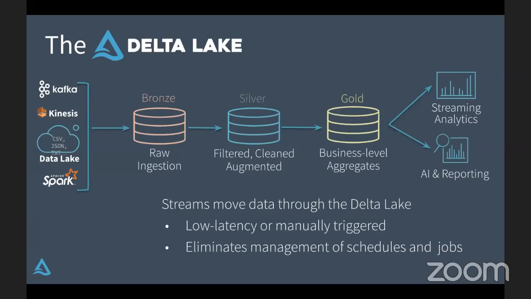The combination of ACID transactions of Delta Lake and being able to look at the problem, whether streaming or batch, in the same manner, allowed them to decrease the complexity of their job structure. And they're now able to maintain that system in a much easier way.